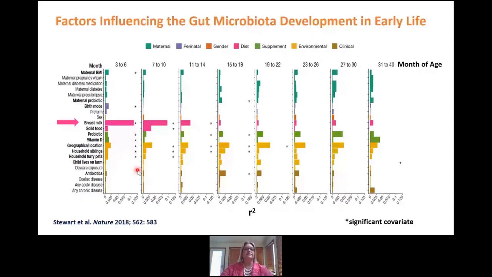In the first 3 to 6 months, birth mode is playing a role, and breast milk is playing the most dominant role, which persists up until 11 to 14 months of age. You can also see that other supplements as well as environment are playing a role. Some of these become less significant over time and others persist. Geographical location, for example, persists over time.